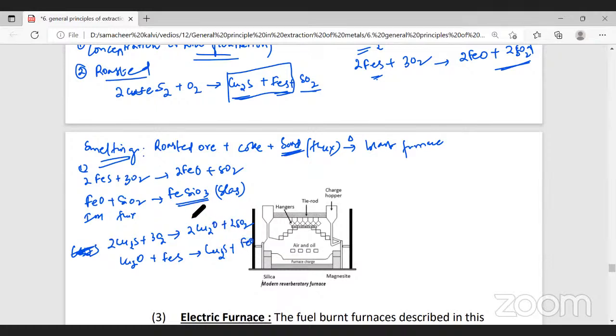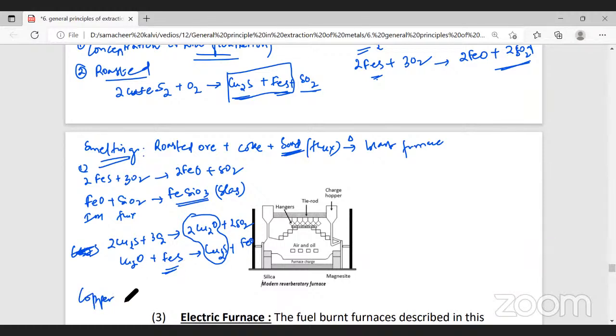Now you can see here you have cuprous oxide and cuprous sulfide. This cuprous sulfide with the traces of unchanged ferrous sulfide is called copper matte.